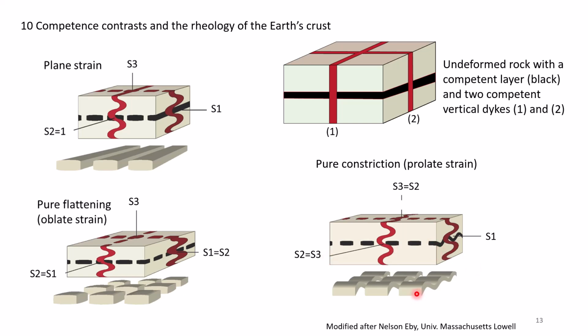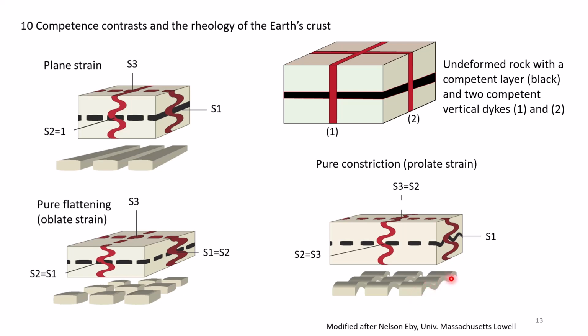And here we see how these rods then would look like. They are separated from each other because of the boudinage parallel to S1, but they also are shortened because they are oriented parallel to the S2 shortening direction.